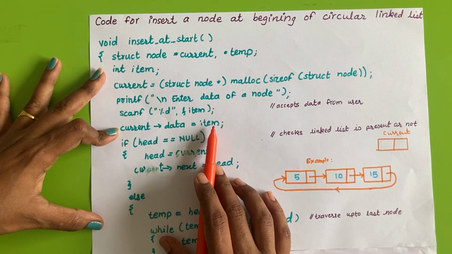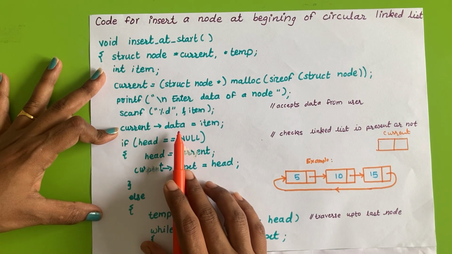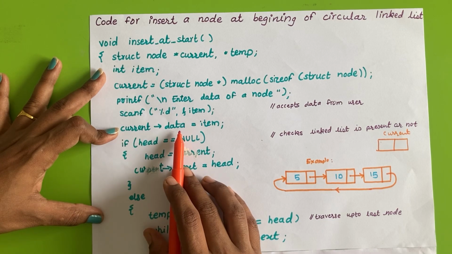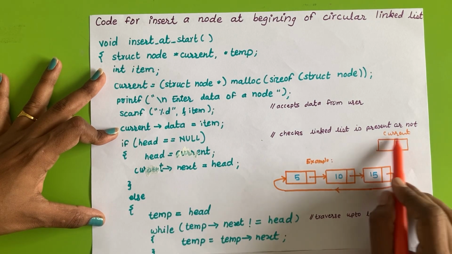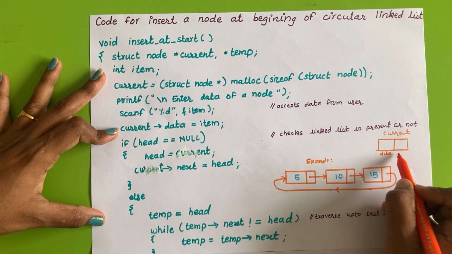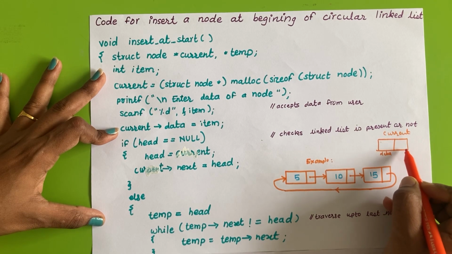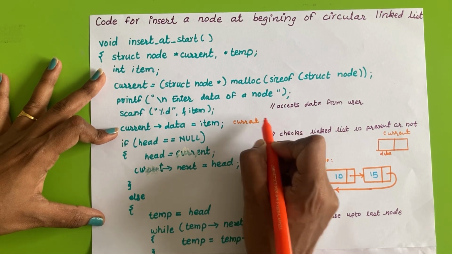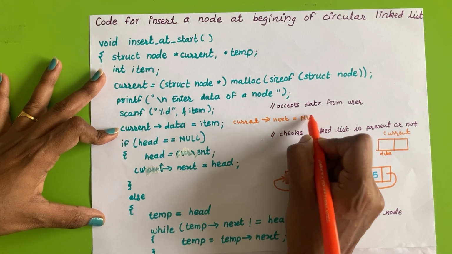Now this item value will be copied into current arrow data, so its value will be stored in this node's data part. Now we have to assign the value of current arrow next field as null. Here I had forgotten, so current arrow next will be assigned as null.